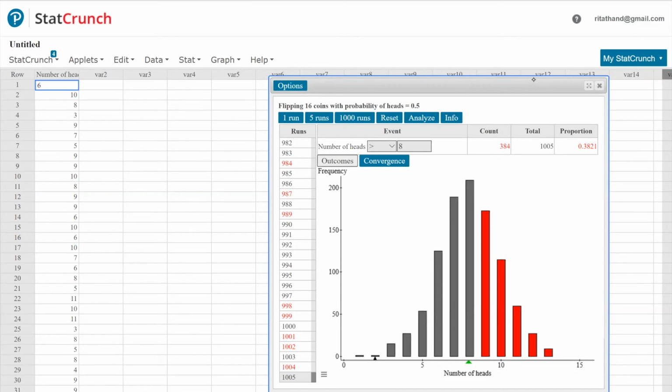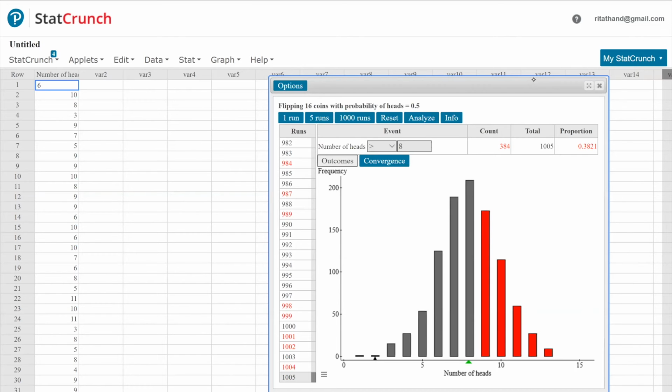If you run this experiment 1,000 times, you can see that I have a symmetric distribution. This middle area here is the mean, the median, and also the mode of my distribution. This bar here, where the number of heads is 8, happens the most frequently.